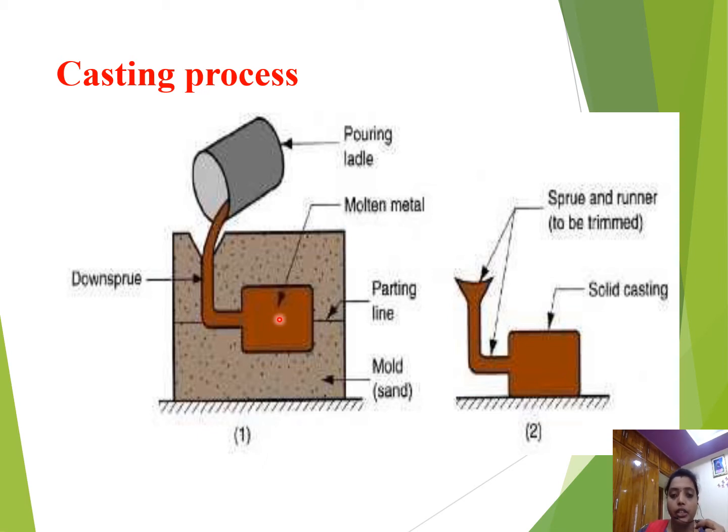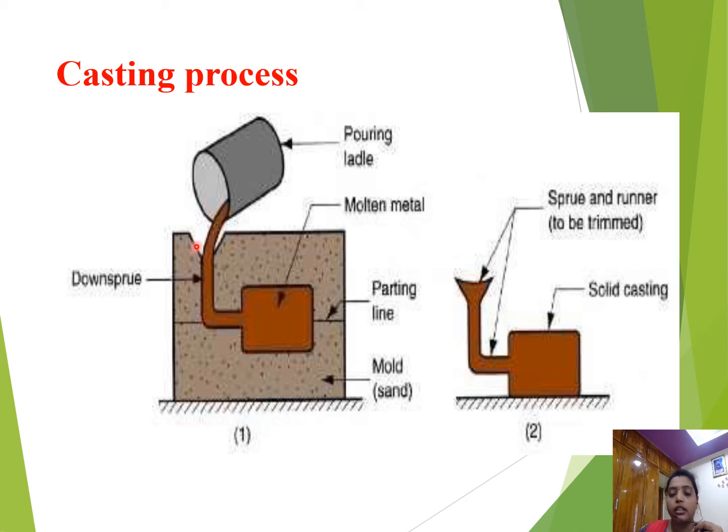After solidification, we take this part only. Here we will have a riser part. From this riser we observe whether the poured metal has filled up or not. Up to the riser and the sprue level, we pour the molten metal.